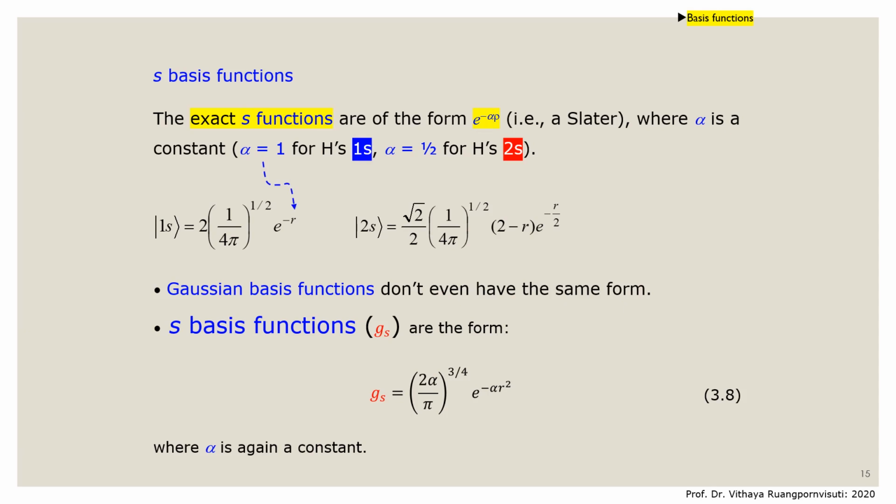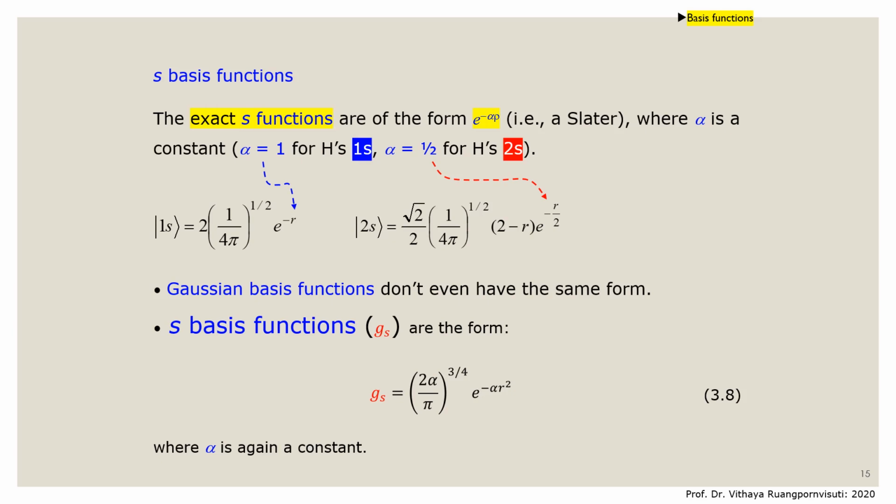Therefore, the 1s orbital is equal to 2 times the square root of 1 over 4 pi times e to the power minus r. For the 2s orbital of the hydrogen atom, alpha is a half. Therefore, the 2s orbital is equal to square root 2 over 2 times square root 1 over 4 pi times (2 minus r) times e to the minus r over 2.